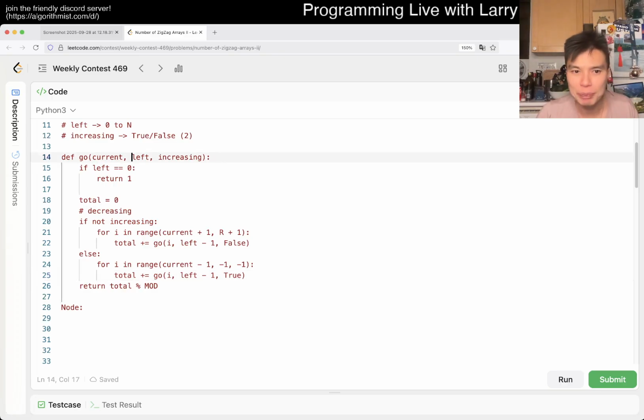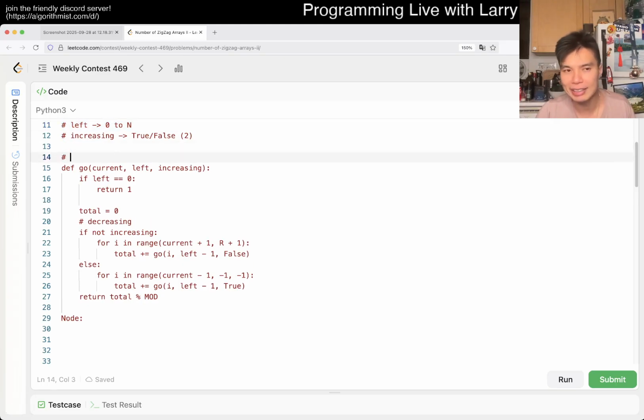But let's remove left for now, or not consider left. Then how many possible states are there? Not including left, how many transitional things are there? Left can go from 0 to n, as we said, and increasing is 2. That means you just have 2 times n number of states.